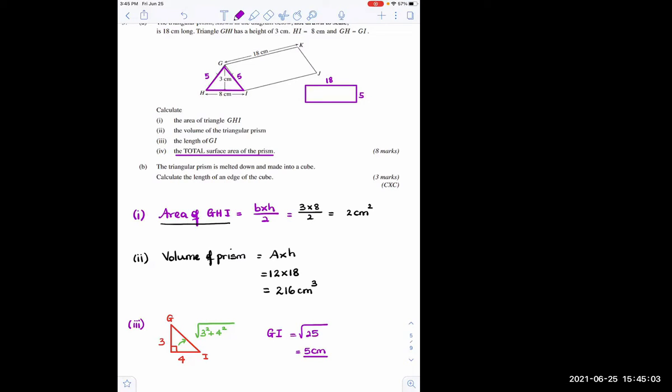So that is 2 times 5 by 18. Remember, the face at the bottom has a width of 8. So it's 8 by 18 and it's only one face. And then we have the two triangular faces, which is 3 by 8, 2 of that. So work out that for me and see how much you get.